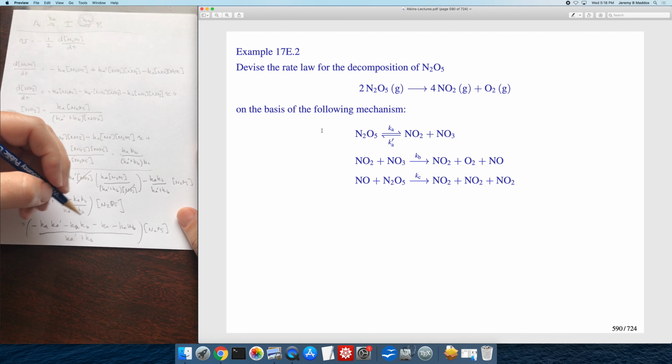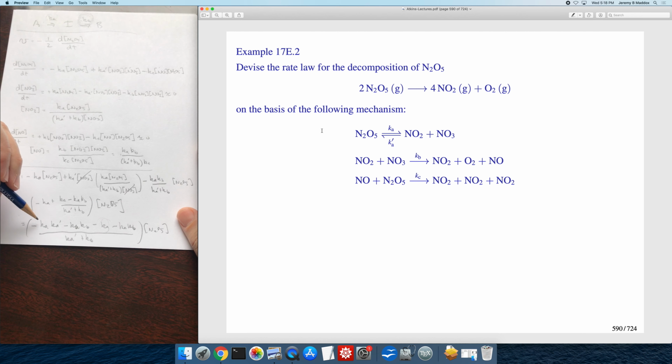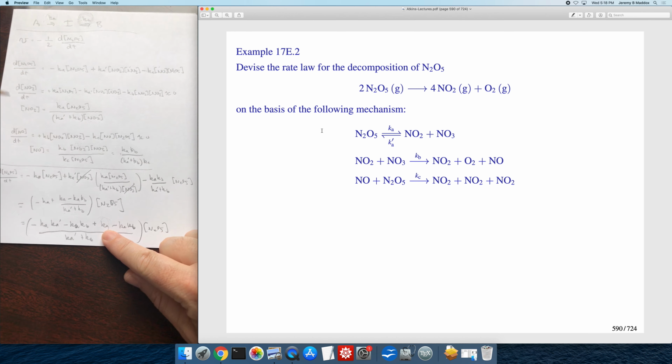And so we see that, this should be plus by the way, I was expecting these two terms to cancel, and I feel like I've made a mistake somewhere in doing so.